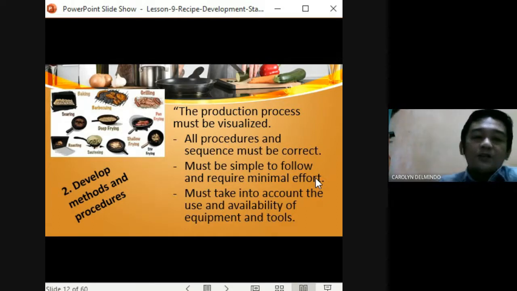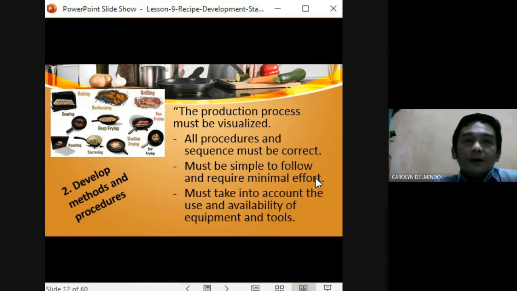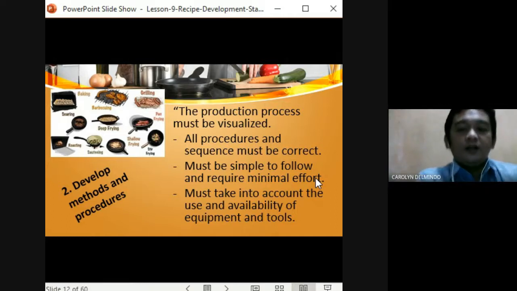Okay, so in recipe development, dapat i-take into consideration natin yung available equipments natin and tools. Okay? Halimbawa, meron tayong isang product, for example, is the steaks.